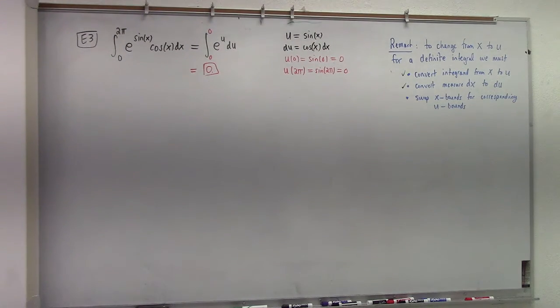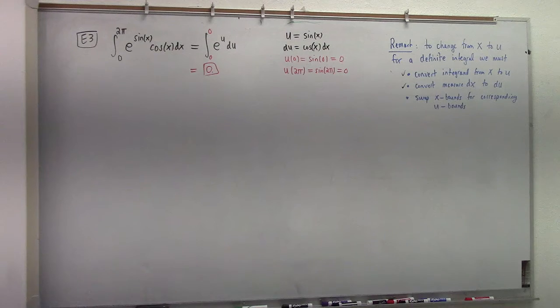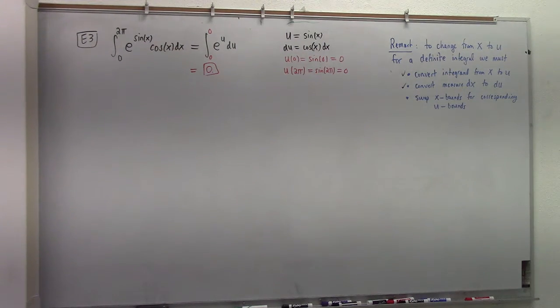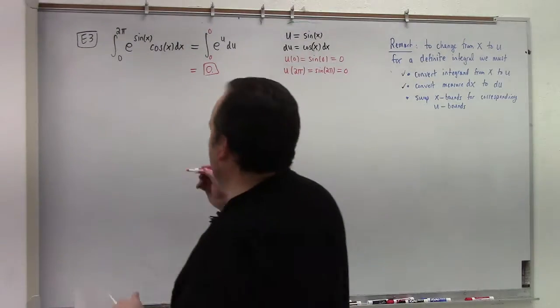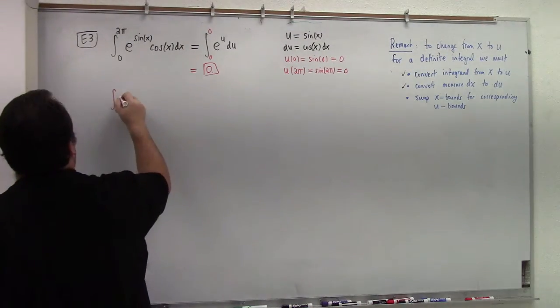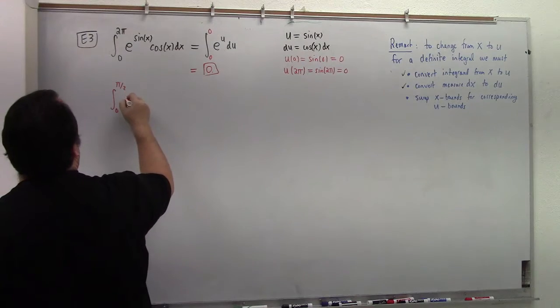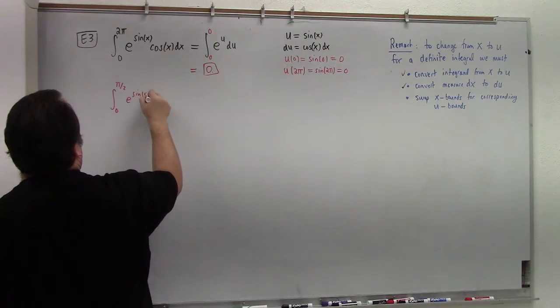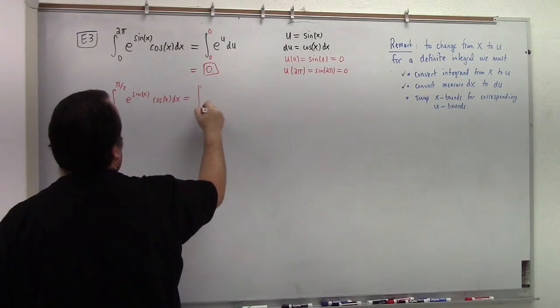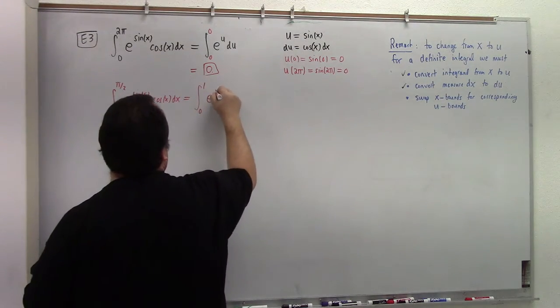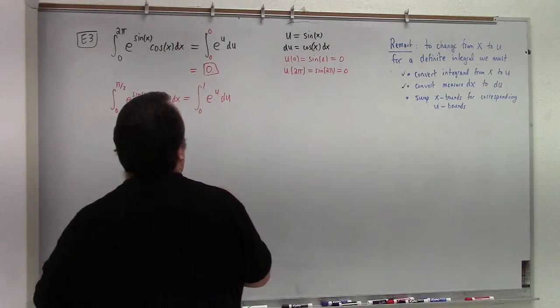If you want to make this more exciting, change the bound from 2 pi to pi over 2. If we do the integral from 0 to pi over 2, then we get the integral from 0 to 1 of e to the u du, right?